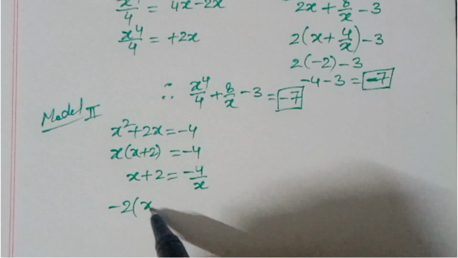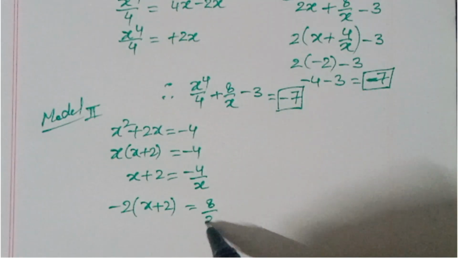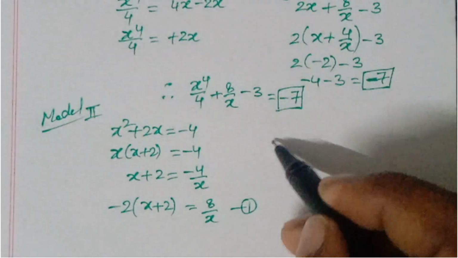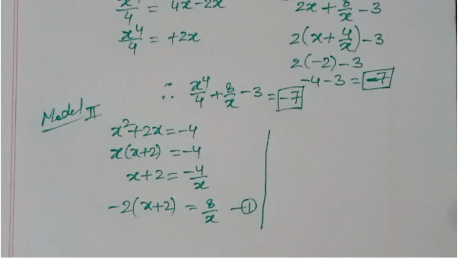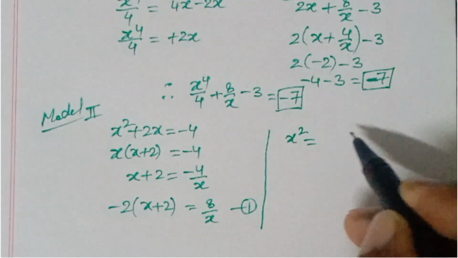Minus 2 we are multiplying on both sides, is equal to 8 by x. Let it be 1.